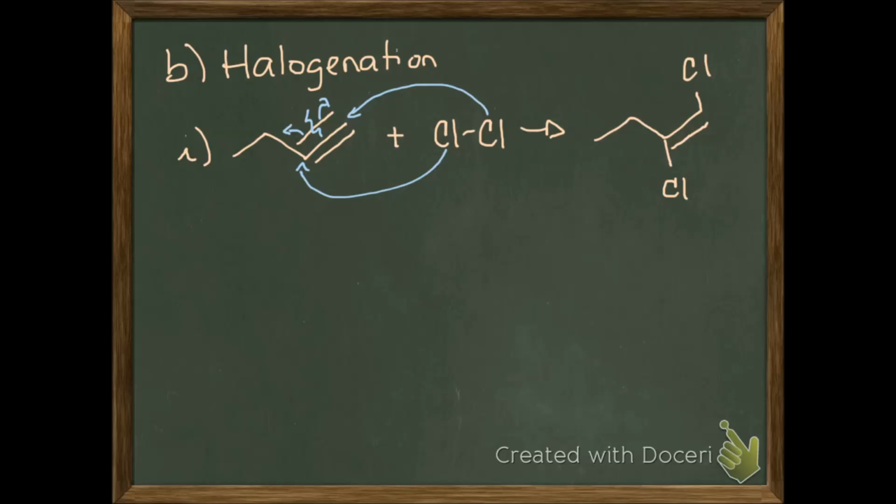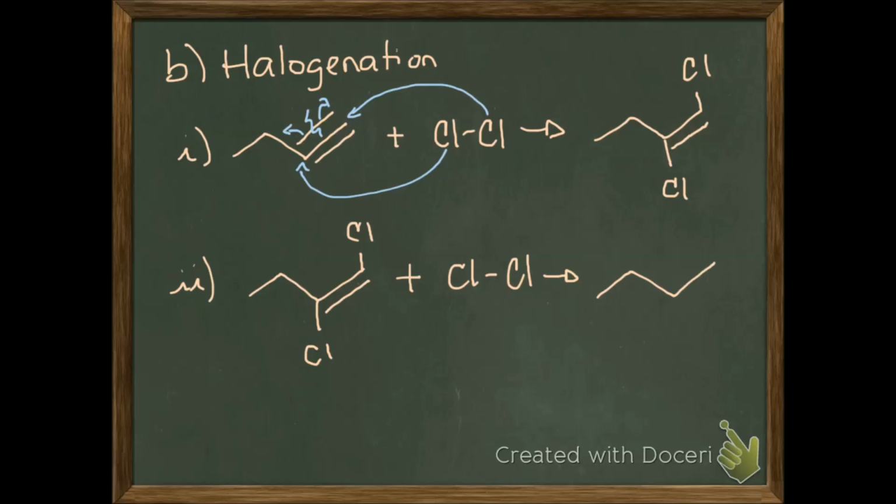In the second step, the alkene with 2 chlorines will react with another chlorine molecule, or bromine, or fluorine, or iodine, to give you a tetrahalogen alkane. We will have 2 chlorines here and 2 chlorines here, because again the double bond breaks, it opens to the 2 carbons.